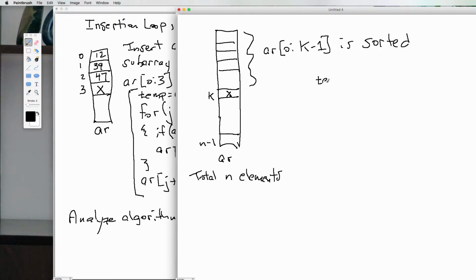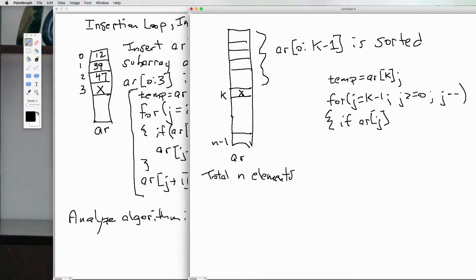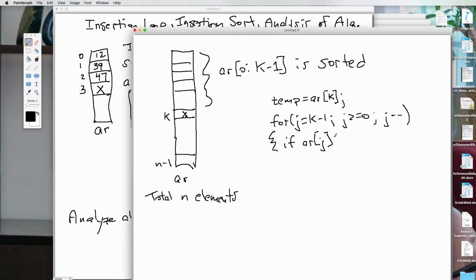I'm going to say temp is equal to AR of K. And now I'm going to say for J equals K minus 1, while J is greater than or equal to 0, J minus minus, and I'm going to come in here and say if AR of J, and let's remind ourselves how we wrote it last time, if this is less than temp, then what I want to do is break.